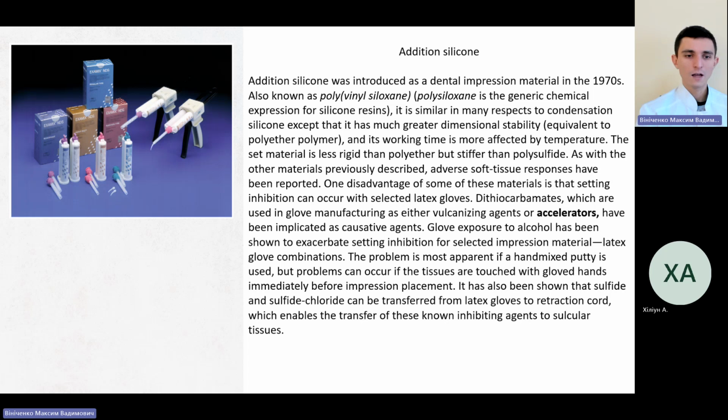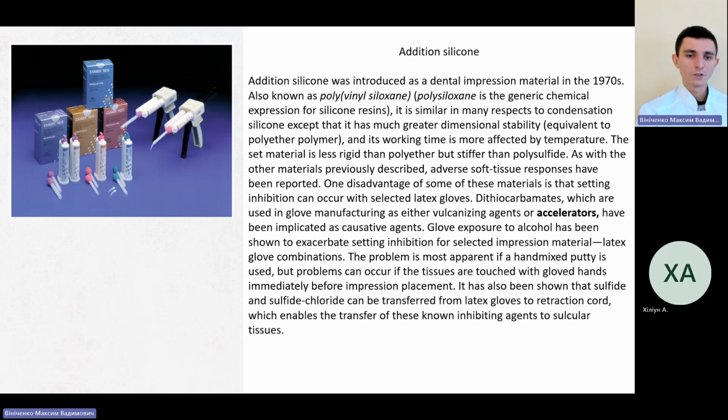Glove exposure to alcohol has been shown to accelerate setting inhibition for selected impression material and latex glove combinations. The problem is most apparent if a hand-mixed putty is used, but problems can occur if the tissues are touched with gloved hands immediately before impression placement.